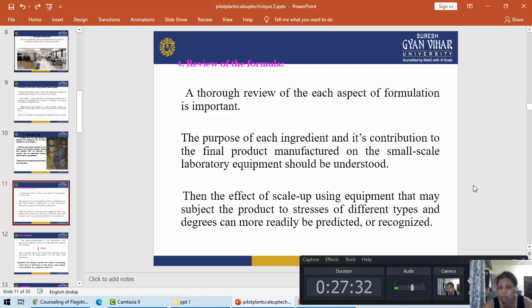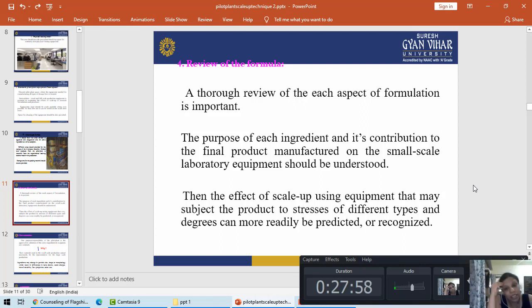So we should understand what is the need of that particular ingredient and why we need this. Okay, so when transferring from small scale laboratory, why do we need this? Because maybe there may be some changes, we can change the formulation, we can change certain ingredient because of its nature. So we have to review each and every ingredient in the formulation during the pilot plant scale up.